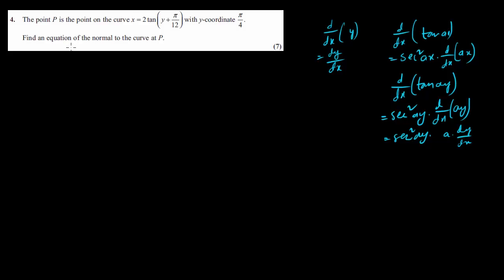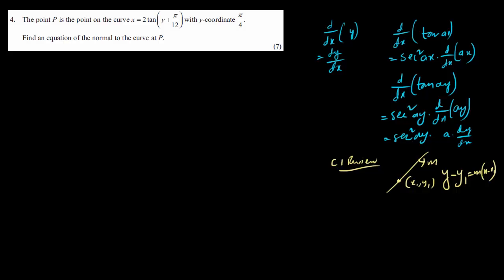So first of all, let's find the gradient of the curve, because after all, to find the equation of a normal to the curve, this is from C1, we need to know about the gradient of the curve. If you remember the C1 review, the equation of a line is, if a line passes through the point x1, y1 and it has a gradient of m, then the equation of the line is y minus y1 equals m times x minus x1, regardless of what type of line it is, normal line or parallel line.